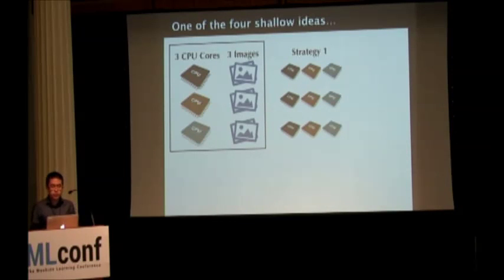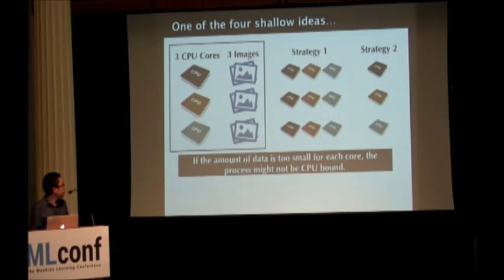But there is another strategy. That is, we can allocate a single image to a single core and ask them to process each image in parallel without any coordination. Which strategy will work better actually depends on the size of images and the size of CPU cache available on each core. And we found that if the amount of data is too small for each core, this process is actually not CPU bound.